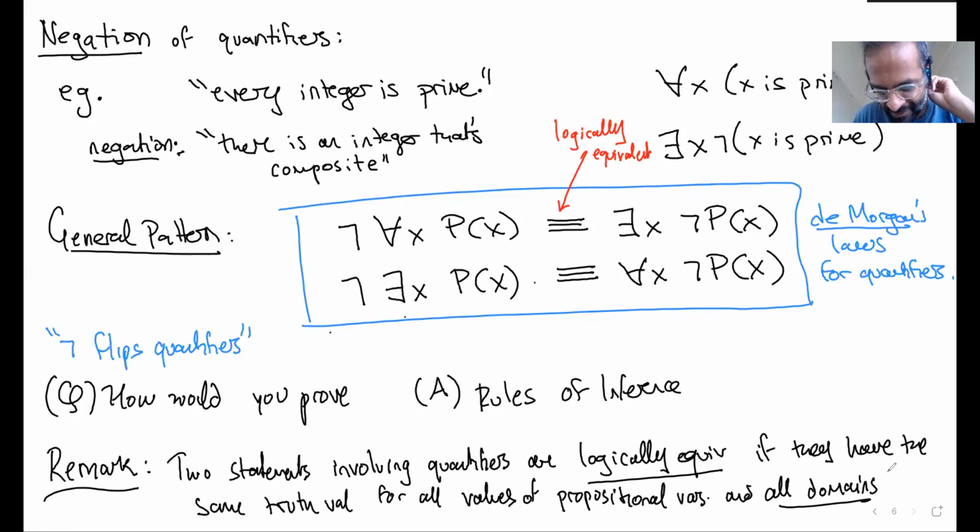Okay, so logical equivalence. So this statement that's written here is very strong. It means that it doesn't matter what domain you're talking about. This always works. It doesn't depend on the domain.